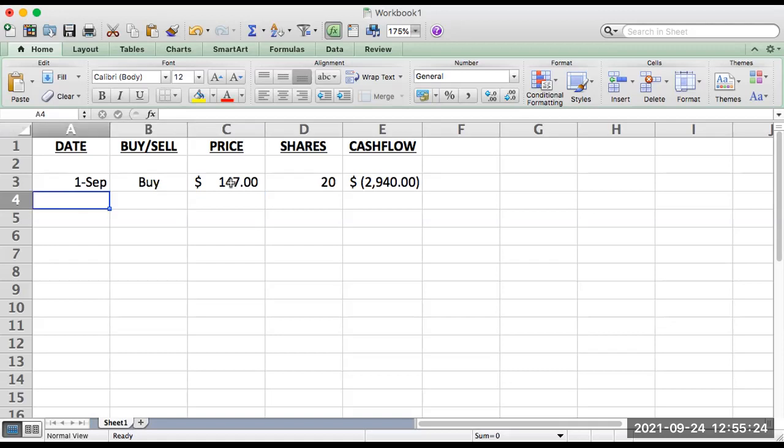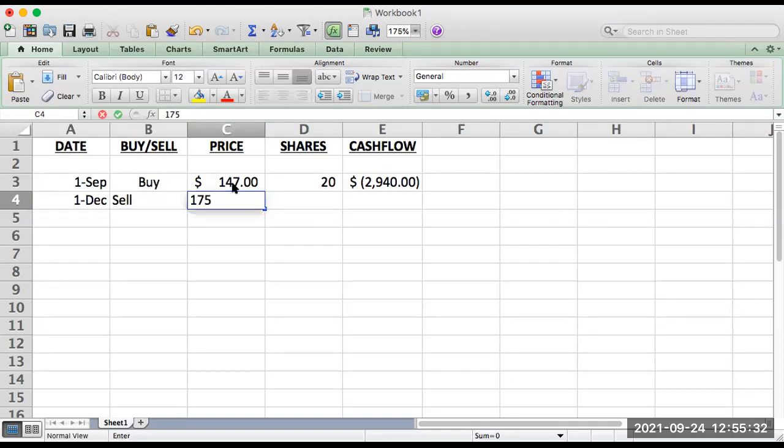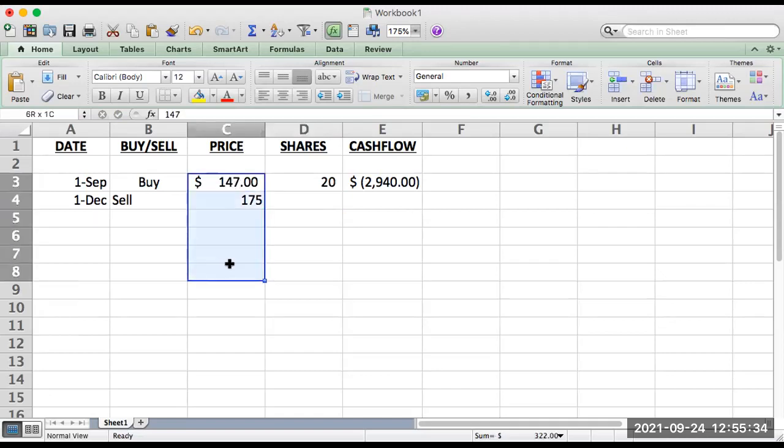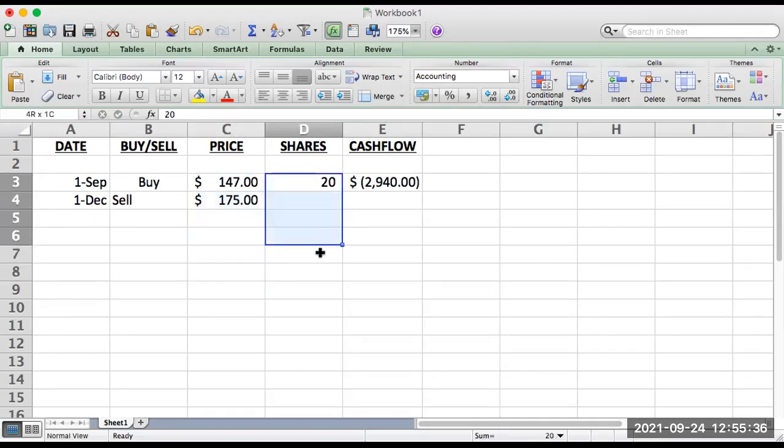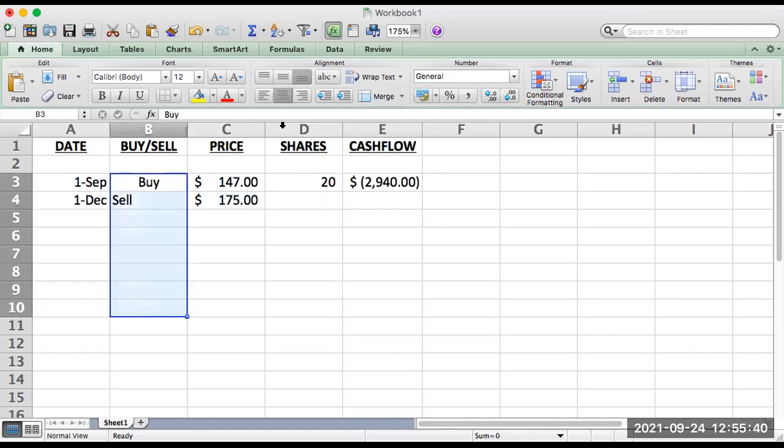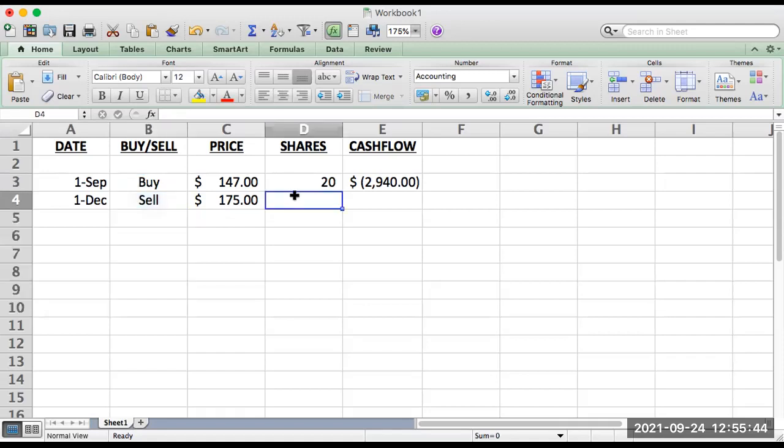Now, let's say December 1st, you decide to sell it. The stock goes up to 175. And you sell all 20 shares at $175 a share.